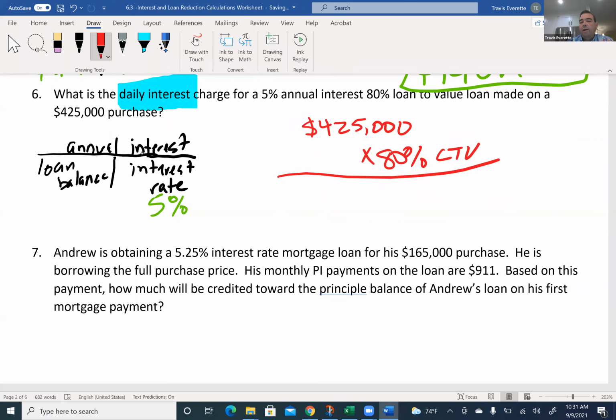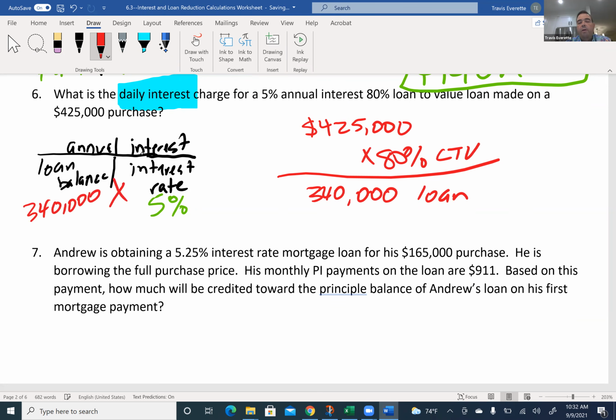I can get my loan amount from there. So 425,000 times 80% loan to value, that's a $340,000 loan. So we're going to fill that in here, $340,000.